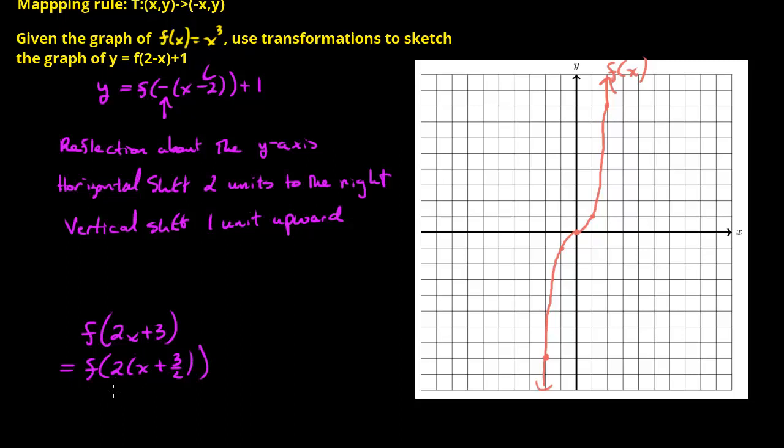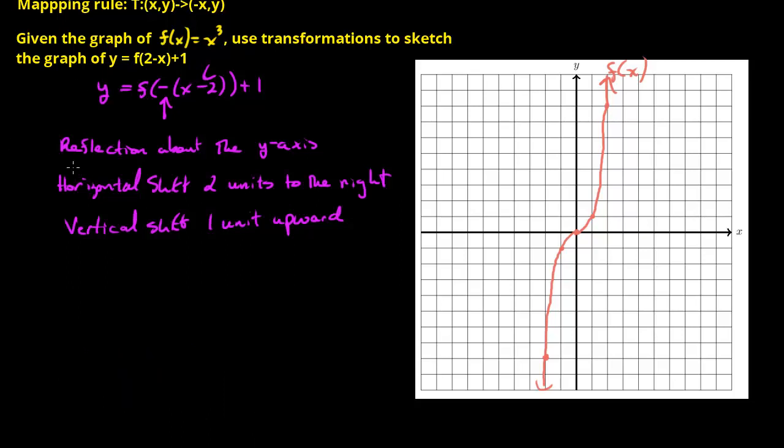We'll talk more about this transformation, but this would be a horizontal compression by a factor of 2, and a horizontal translation 3 over 2 units to the left. But when it's written in this form, you can't tell right away what the translation is, because you have to common factor the coefficient on x out of both of these terms. We'll look at why that's true in future lessons.